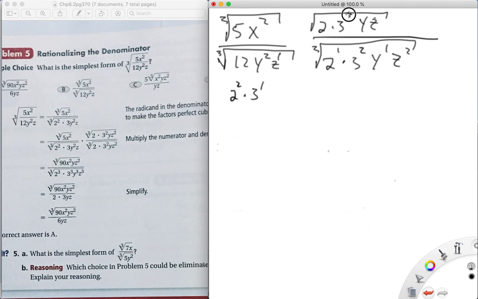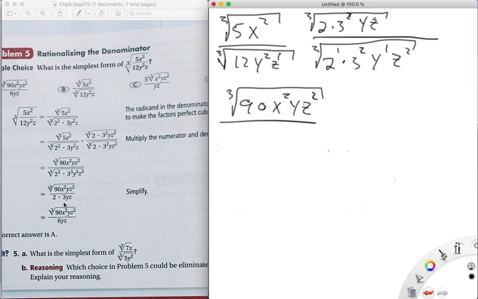So this is where this comes from. That gives us these numbers right here, 90 x squared y z squared, cube root.